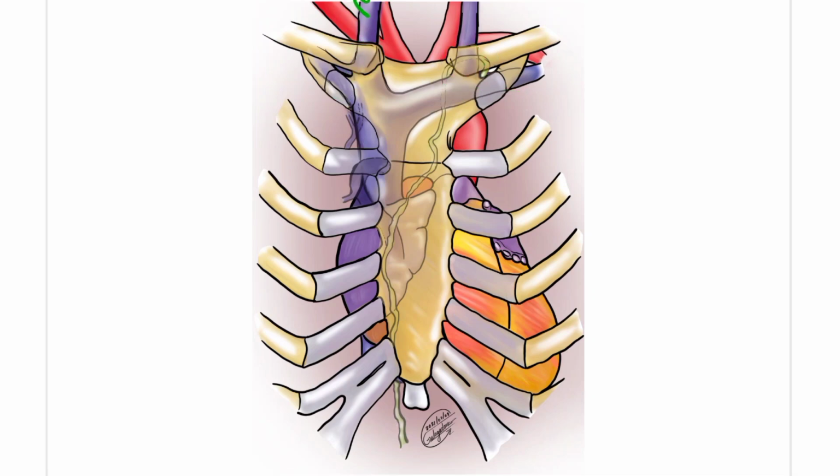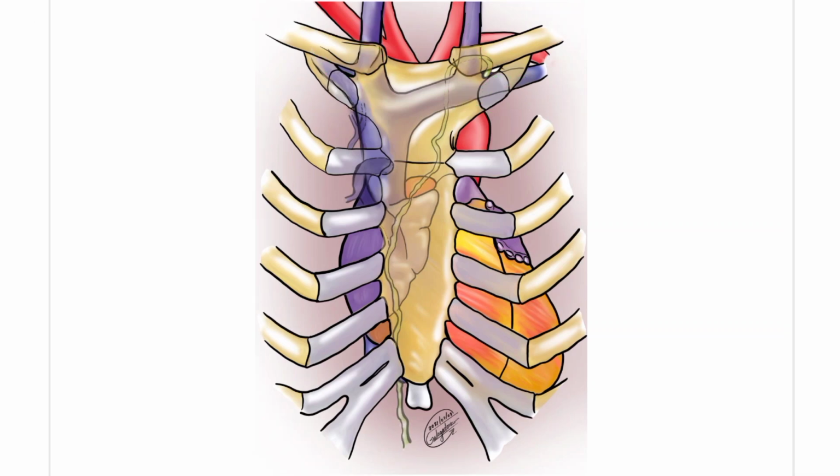So that means the right internal jugular vein and the right subclavian vein combine to form the right brachiocephalic vein, and the left internal jugular vein and the left subclavian vein combine to form the left brachiocephalic vein. So that means the left and right brachiocephalic veins are formed posterior to the sternoclavicular joints.